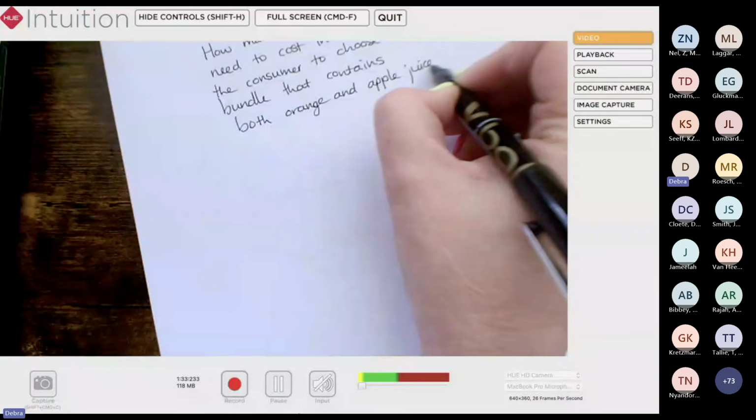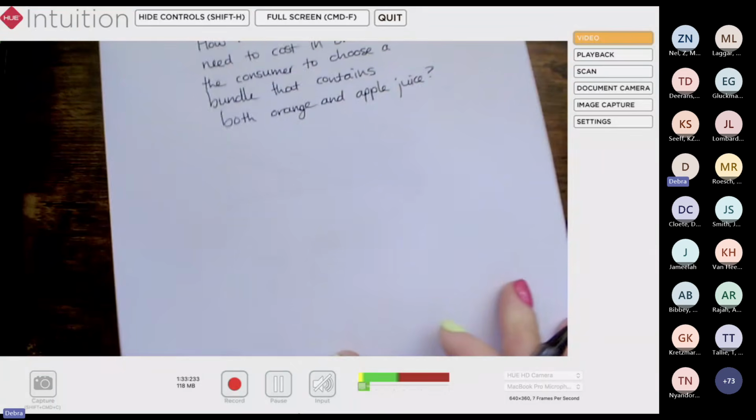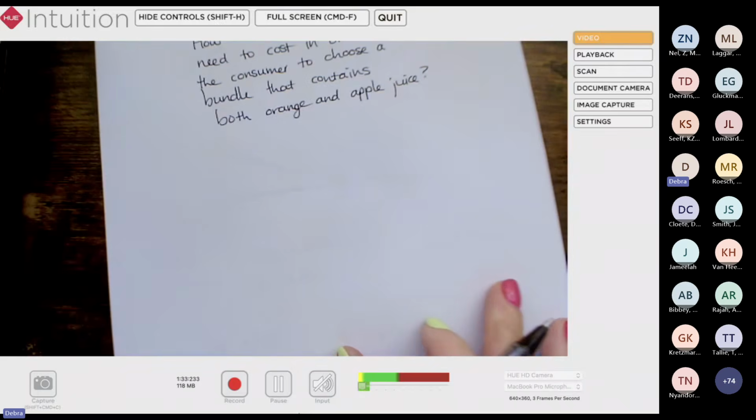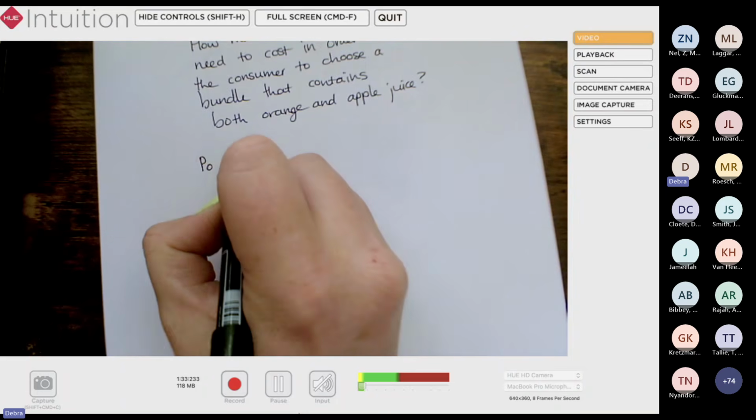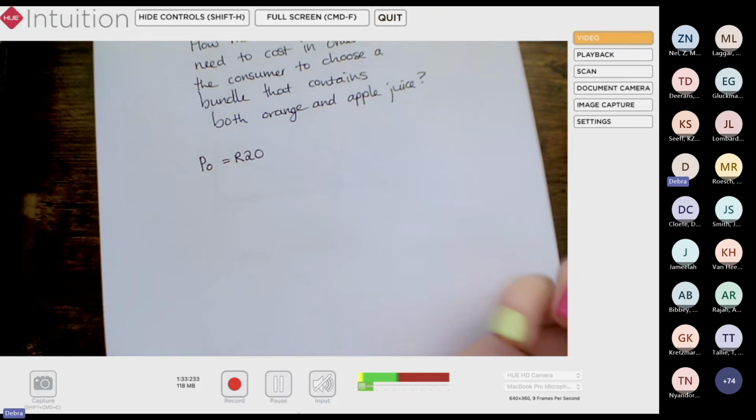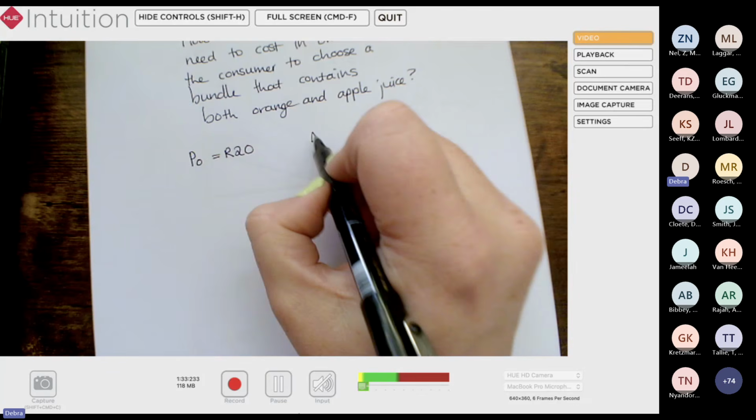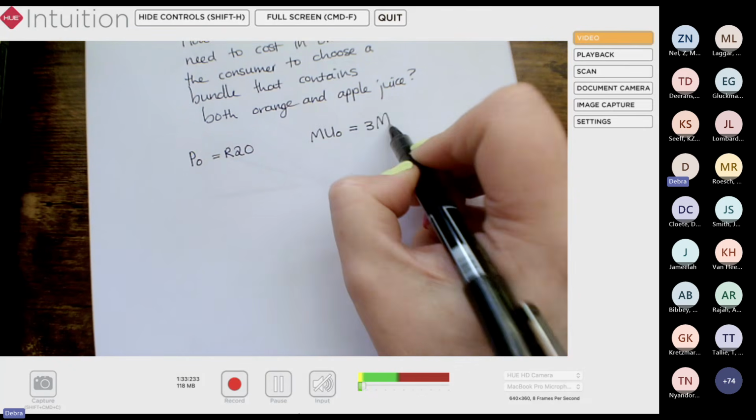Okay, awesome question. So the price of an orange juice is 20 Rand. And we know that the marginal utility from one orange juice is equal to 3 times the marginal utility from an apple juice.